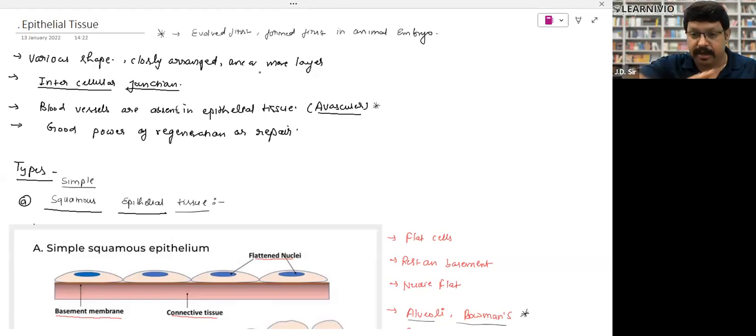Overnight, the cells divide and make a layer. When you brush, that layer is removed. Got it? So the thing you feel in your cheek overnight is basically a layer of epithelial tissue, and we call them swab cells. S-W-A-B, swab cells. Right? Got it?